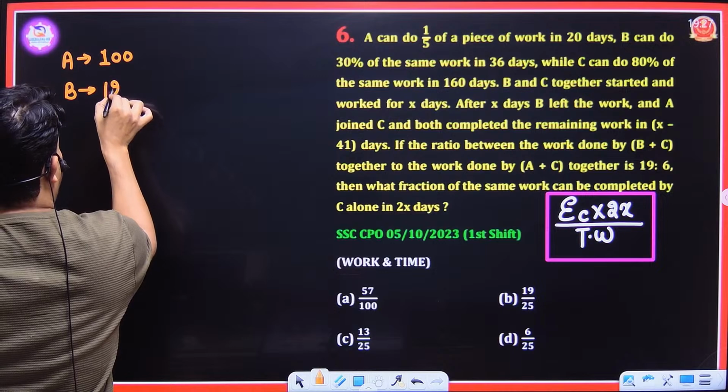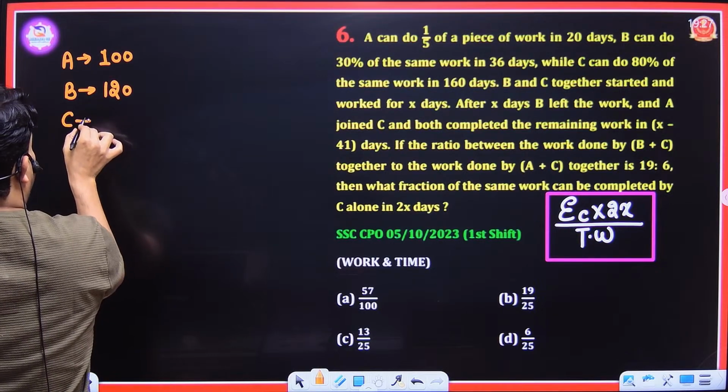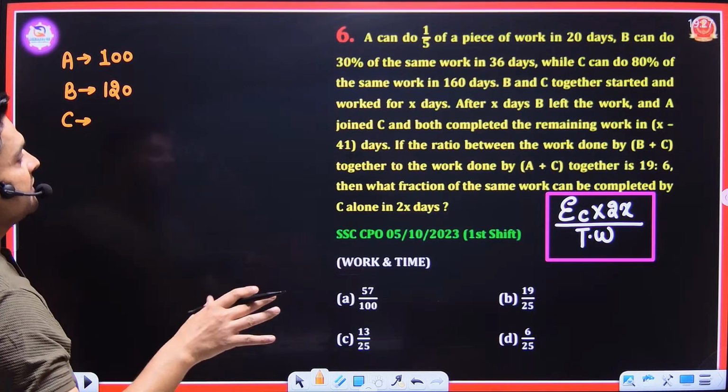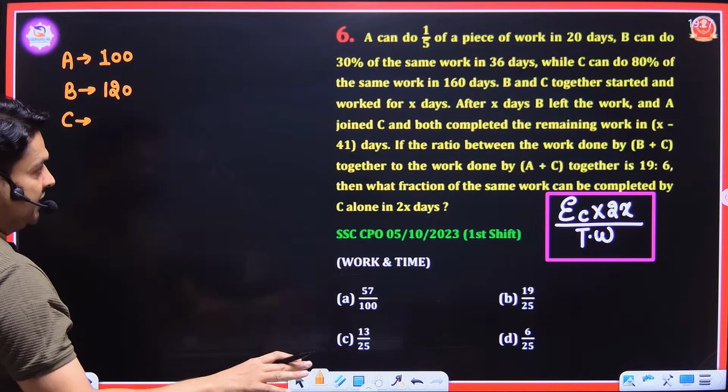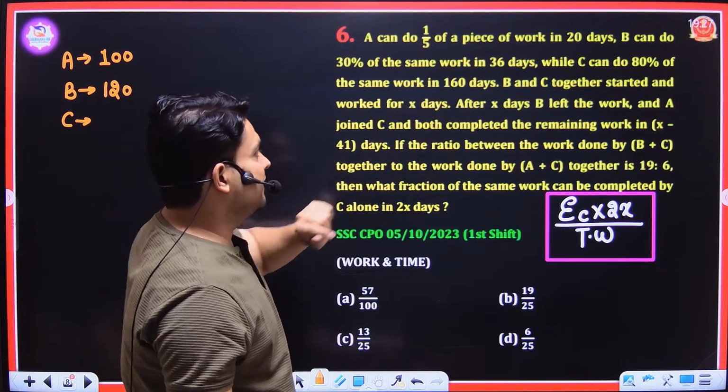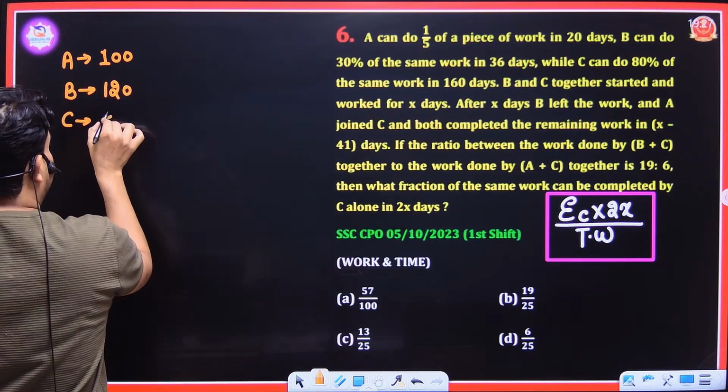C can do 80% of the work in 160 days, 20% of the work in 40 days, and 100% of the work in 200 days.